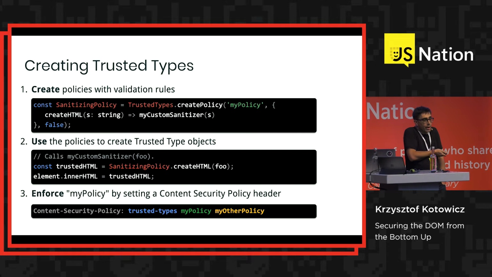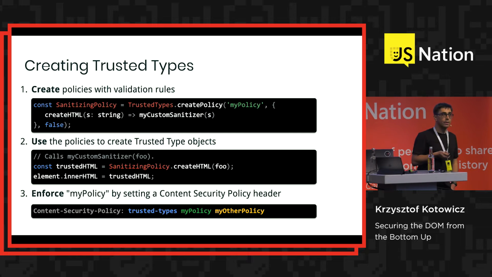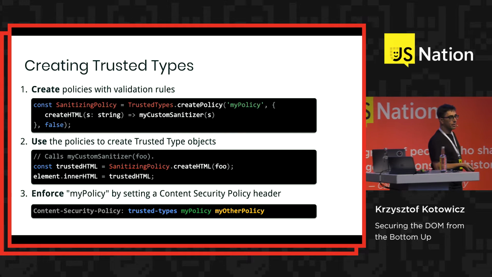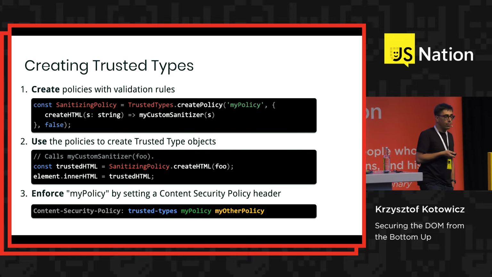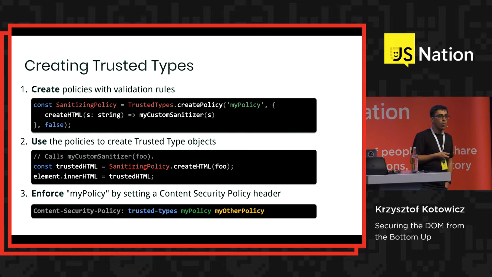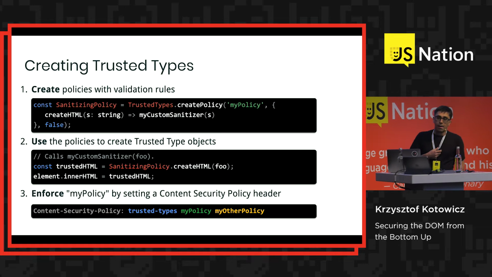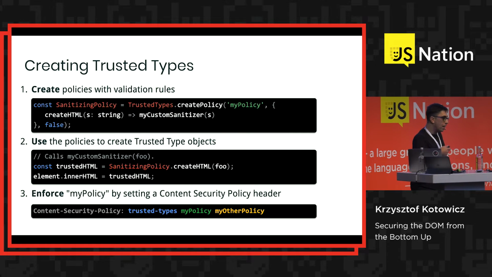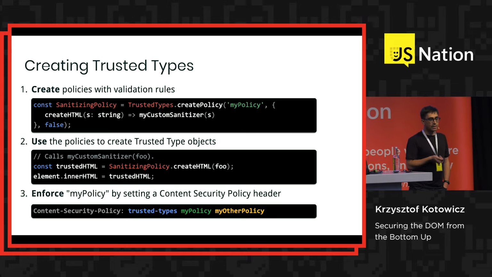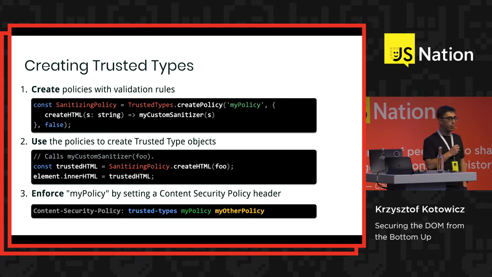And then after creating this policy, it's just a JavaScript variable, right? So you can just use it. So I call, in the second snippet, a create HTML function with some input value, and what I get back is a trusted HTML object that I can safely use with the DOM. Now, as you can see on the bottom, what happens in the content security policy header is I explicitly whitelisted my policy.